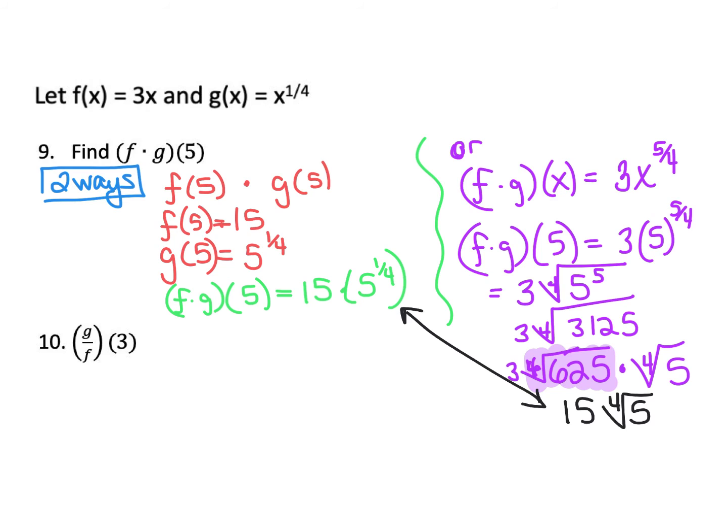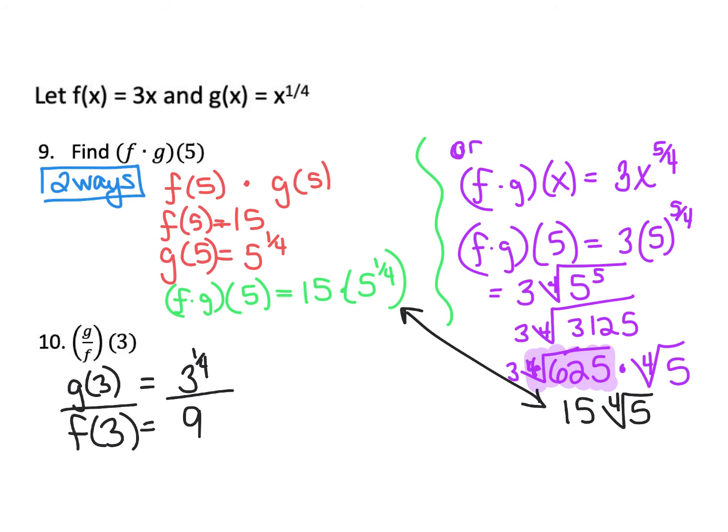Now let's do g divided by f of 3. So again, two ways of doing this. We can find g of 3 and then divide that by f of 3. So g of 3, if I plug that in, would be 3 to the 1/4 divided by f of 3, which would be 3 times 3, 9.